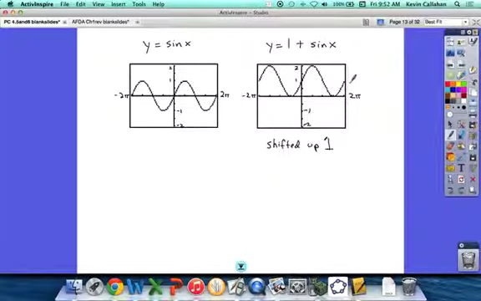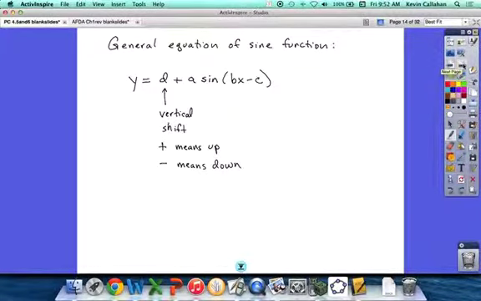It's exactly what you would expect, and that's what it did. That's the effect of the D. It's just a vertical shift. No different than we've done before, right? Plus means up, minus means down. Even if it was at the end.